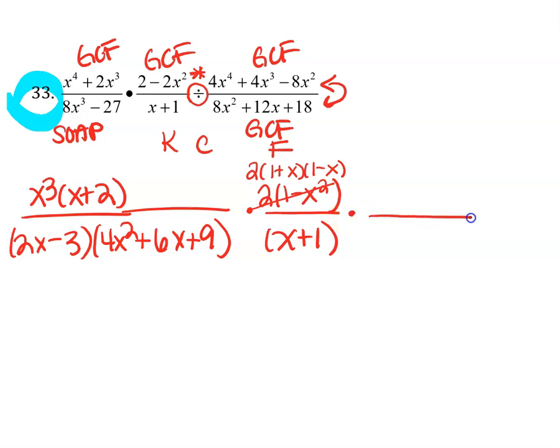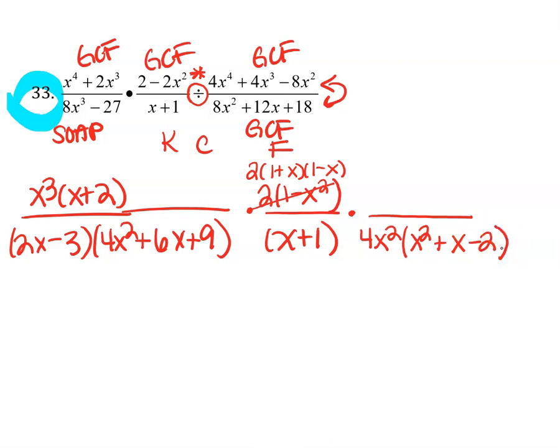Times, now remember you're flipping. So in the top here, it looks like I can pull out a 4x squared, but I'm going to write it down here on the bottom because that fraction flips. The 4x squared then leaves me with an x squared, an x, and a minus 2, I believe.